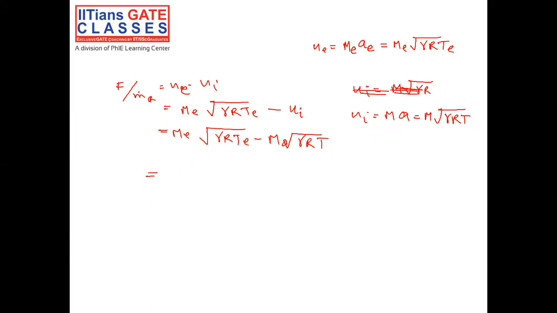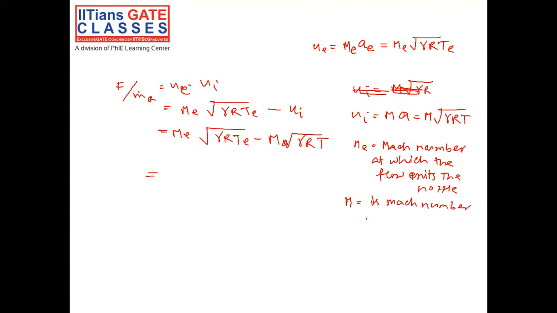Now, here Me is the Mach number at which the flow exits the nozzle, or the exhaust Mach number of the exhaust gas, and M is the Mach number at which the aircraft flies, and Me is equal to M. The exhaust Mach number is equal to the Mach number at which the aircraft flies.